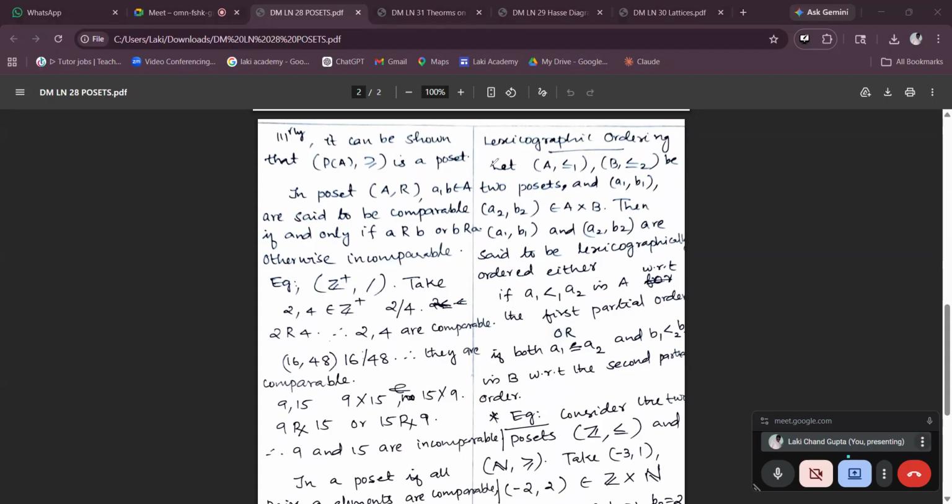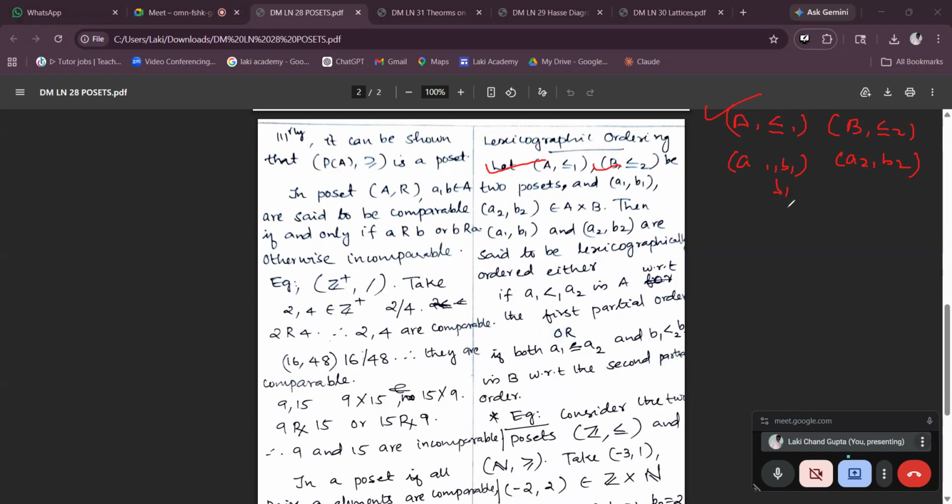Let's suppose two posets are there, A and B. This is the first operation and this is the second operation. Right? Suppose you take pairs from the first poset and second from the second poset.